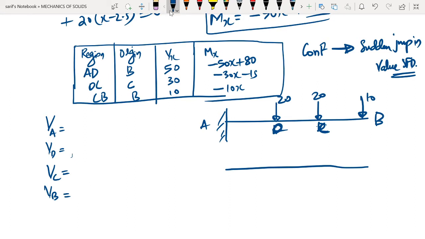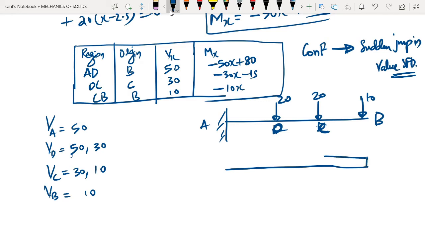once again from the region AD the value is 50, so for D from AD it is 50, and from DC it is 30, for C from DC it is 30, and from CB it is 10, and finally for B it is 10. So how do we plot this?